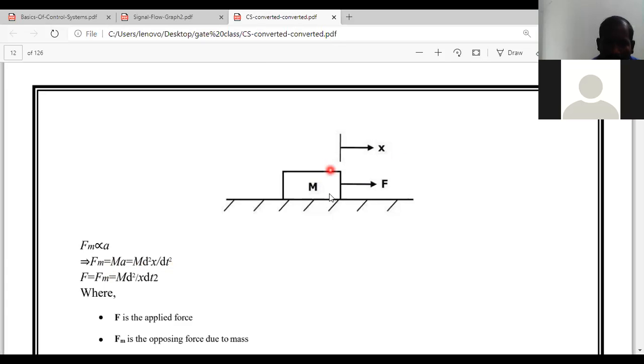The opposing force offered by the mass element, Fm, is equal to m into d square x by dt square, where x is the displacement variable.